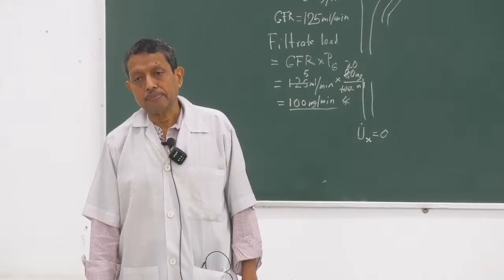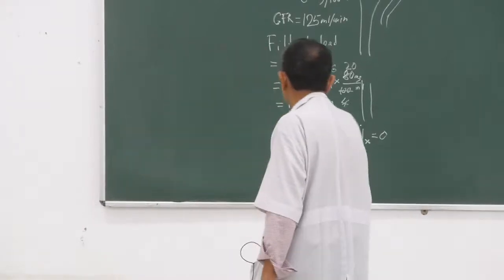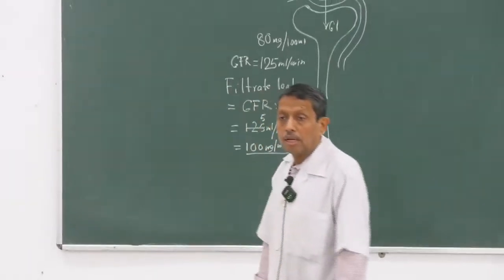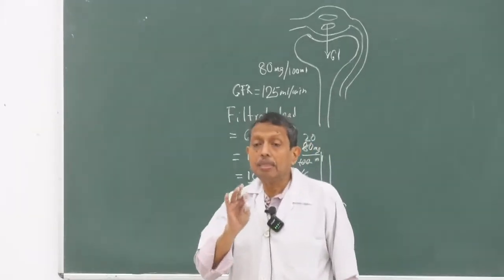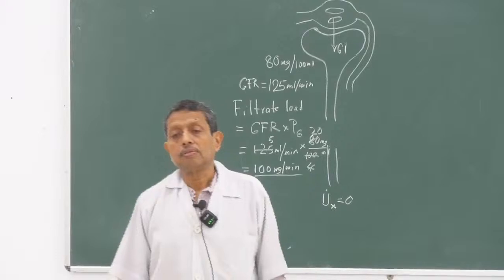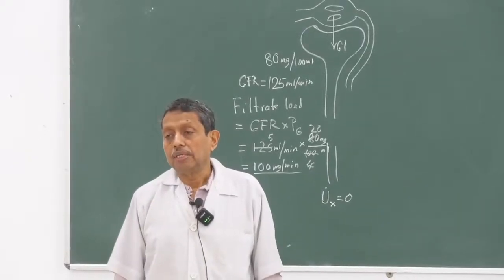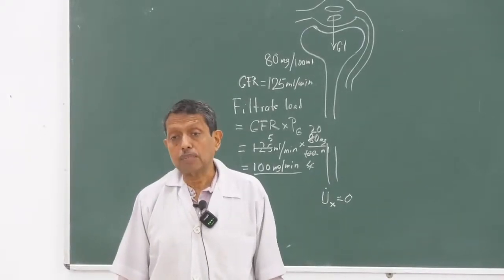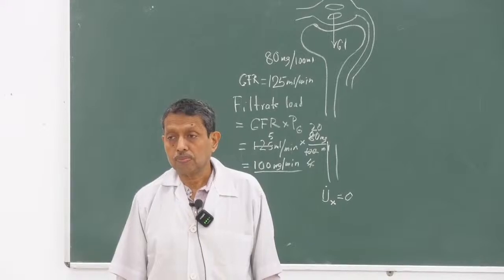That is the transfer. And whenever there is a limit beyond which tubules cannot reabsorb glucose, that is called TmG, or transport maximum of glucose.